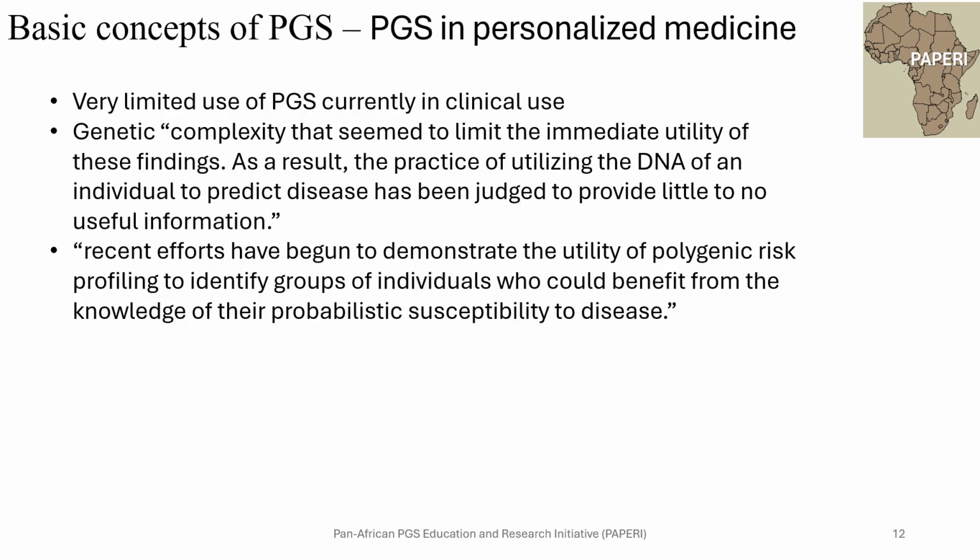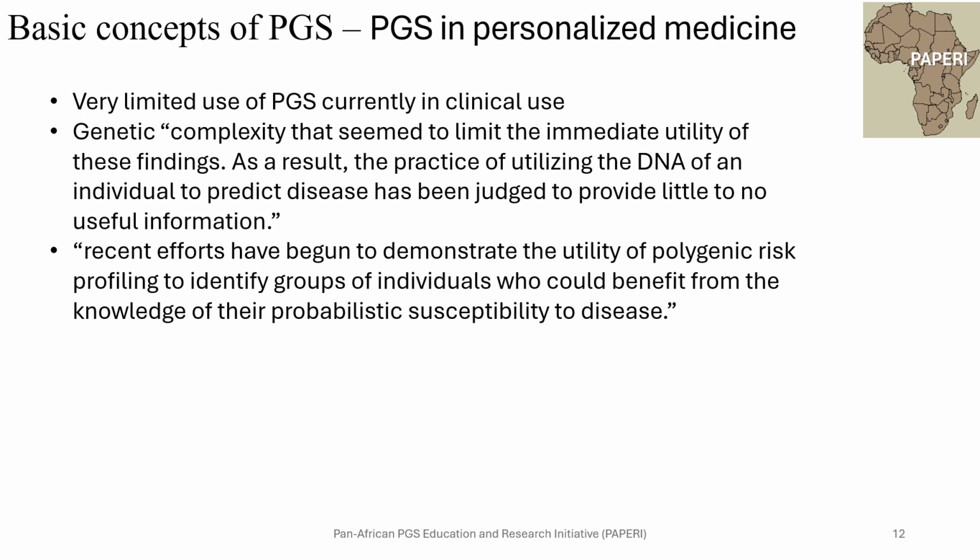We've already talked a little bit about polygenic risk score use in personalized medicine, and I have an article referenced in the notes here that I recommend you take a look at.